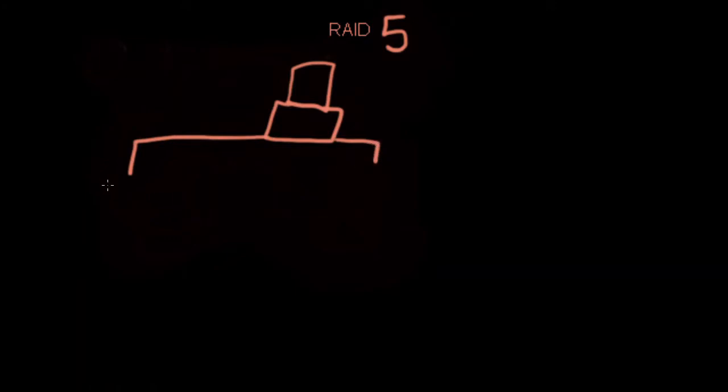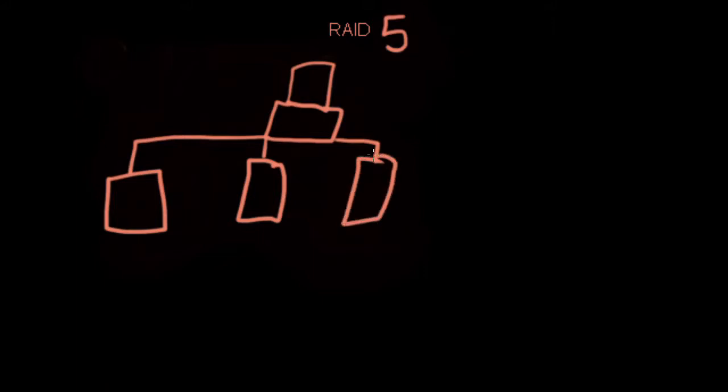With RAID 5, you actually need a minimum of 3 disks. So one disk, one hard drive, another hard drive. And what happens here is the data would be written, it wouldn't be duplicated, but it'll be written to all the other hard drives.